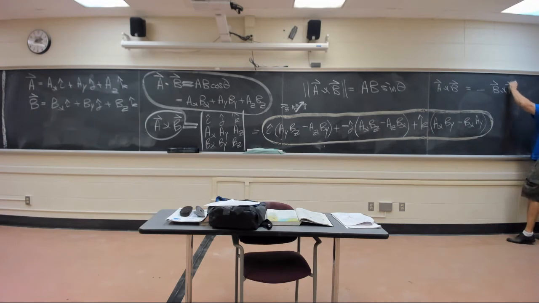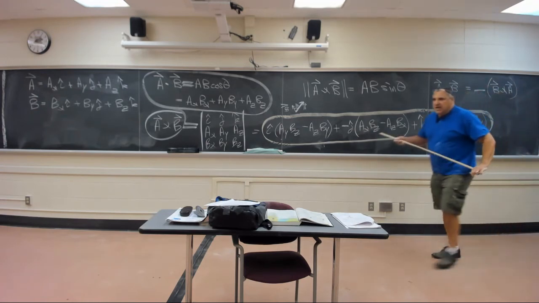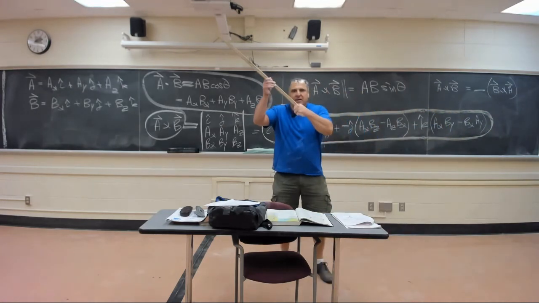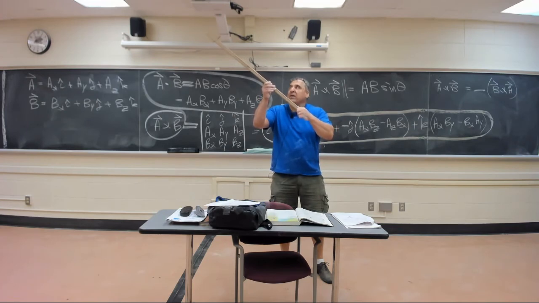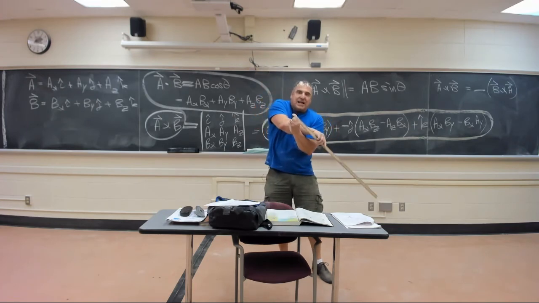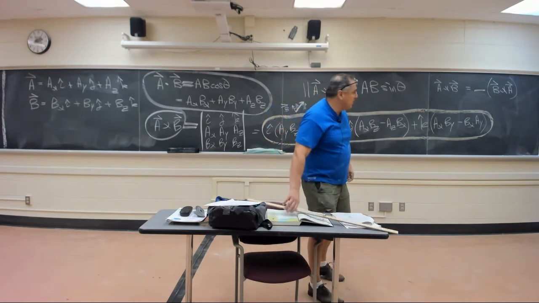What does that mean, the negative? Well, in a vector sense, the negative is the exact same size, only going in the exact opposite direction on the same line. That's all that it is.